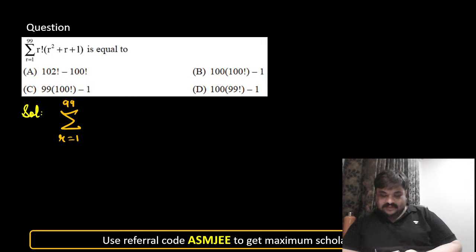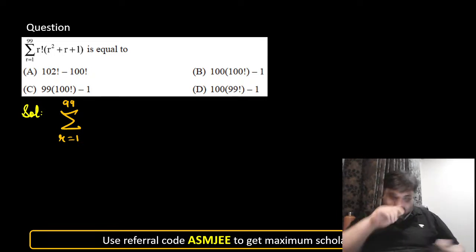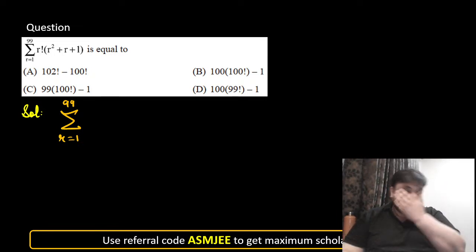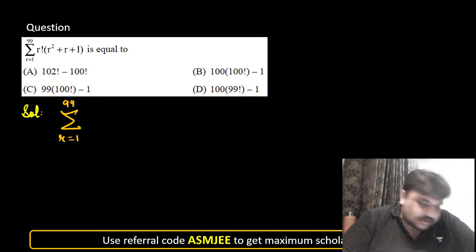I think all of you must have understood what technique we need in this question. Telescoping. We need telescoping.